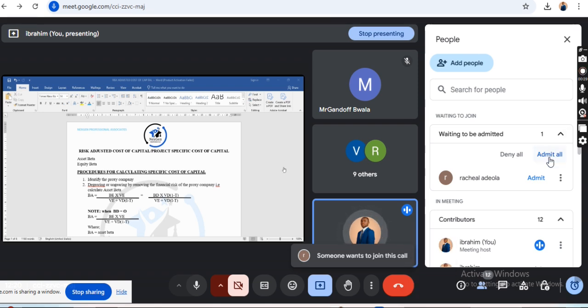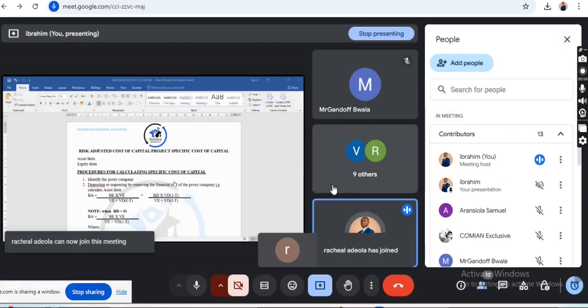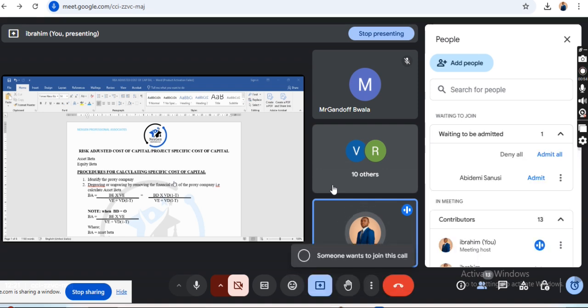Beta factor is still risk class. Some will say, oh, this topic is beta factor. Beta factor is risk. And we are talking about risk adjusted cost of capital. In your exam, you could see that, calculate risk adjusted cost of capital, project specific cost of capital, or appropriate cost of capital.